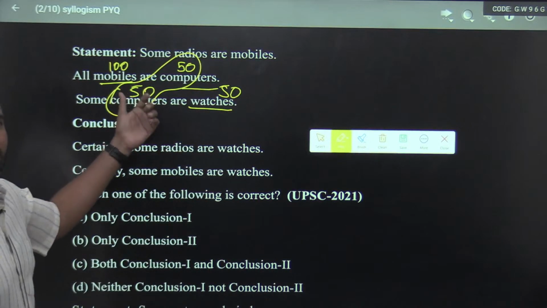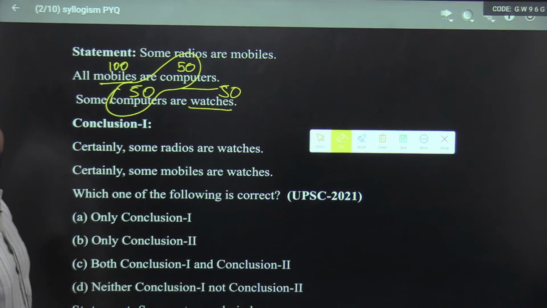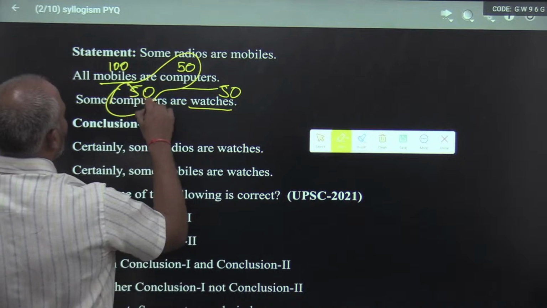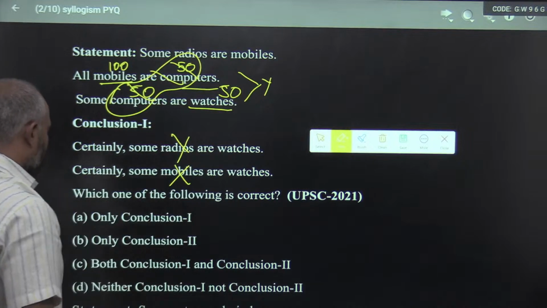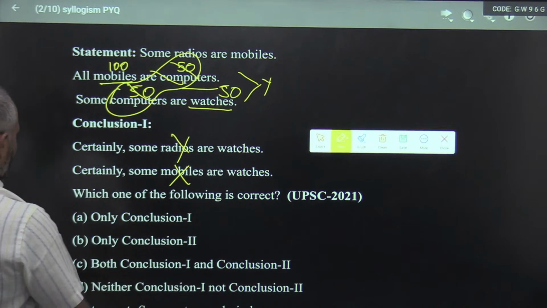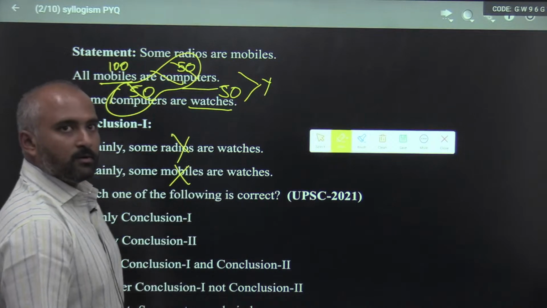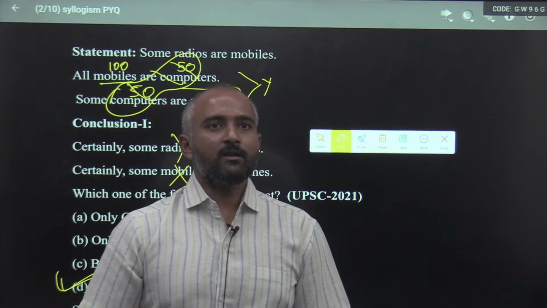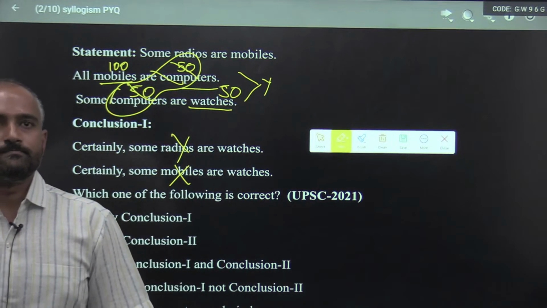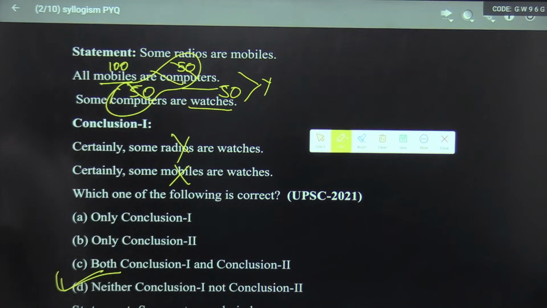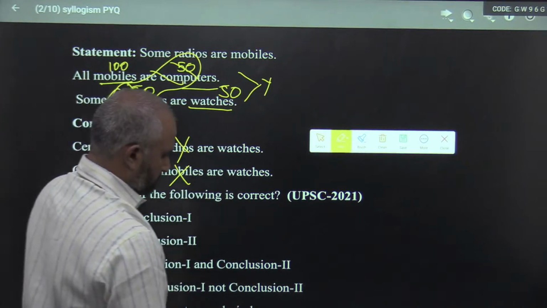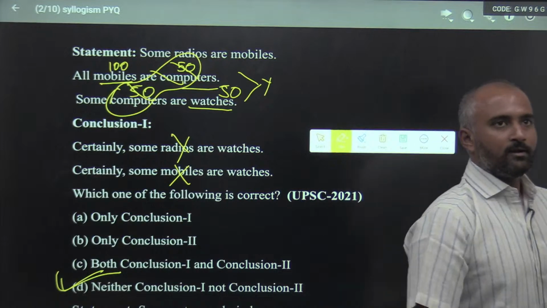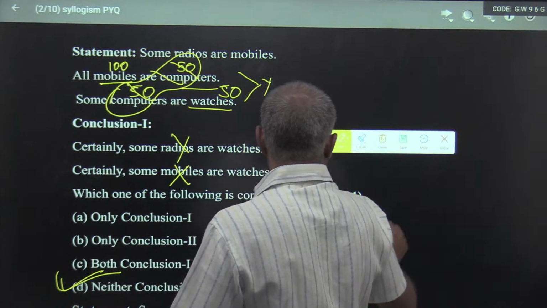It has not achieved a value of 100. So no conclusion can be drawn. So neither conclusion 1 nor conclusion 2. So the answer for this is option D.